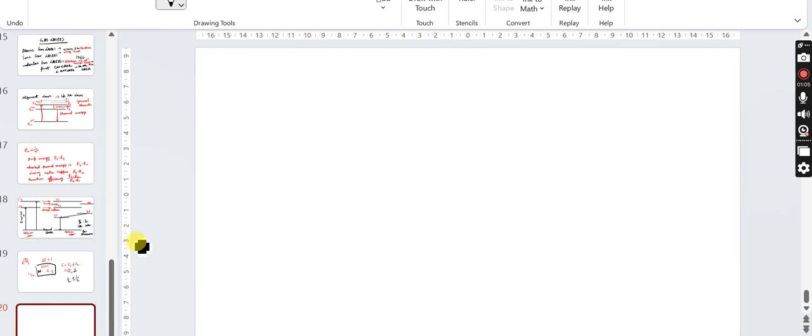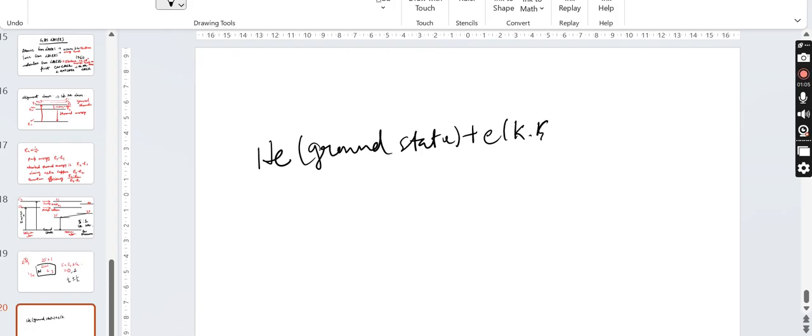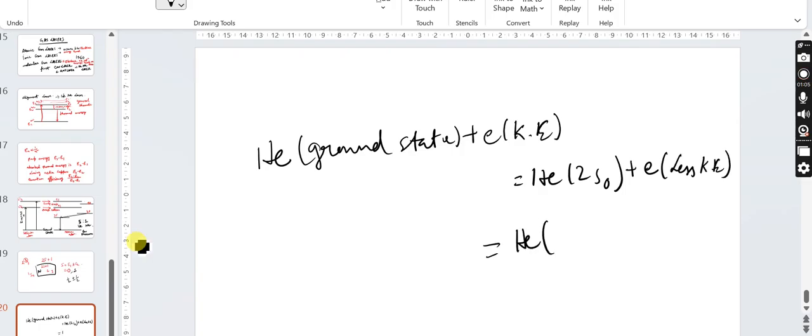Then what happened is that helium goes into S1 plus less kinetic energy. That is step 1.